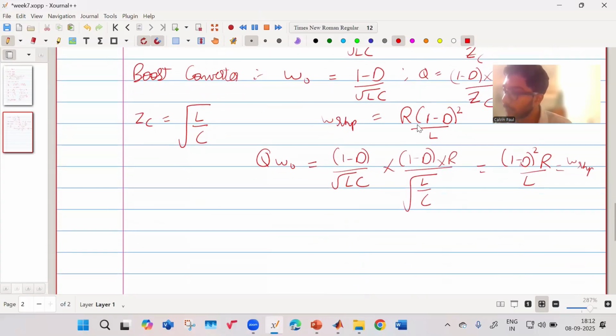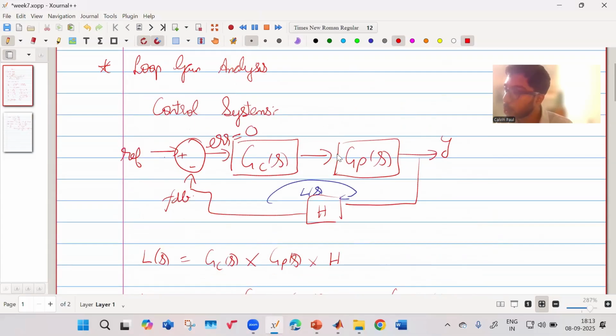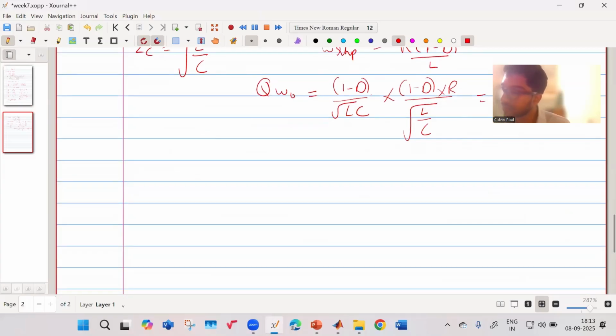So now, this is the closed loop system which we were considering, right? So we will consider now the case of voltage mode control.